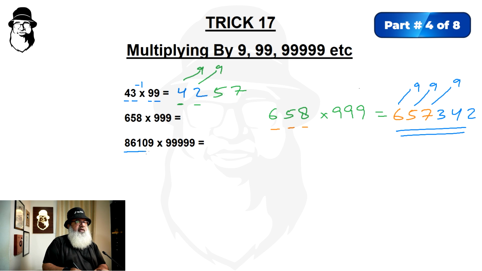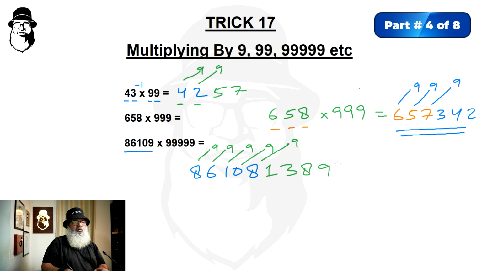Here we have 86109. So we'll write 86108, and then let me change the color. 8 from 9 is 1, 6 from 9 is 3, 1 from 9 is 8, this 0 from 9 is 9, and this 8 from 9 is 1.